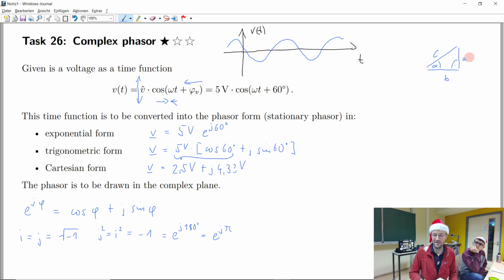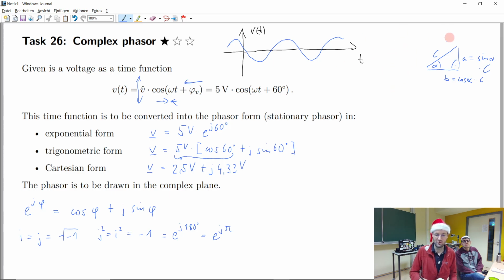So then A corresponds to the sine function, so this is sine alpha times C, and B is cosine alpha times C. One problem with this definition of the sine and cosine function in this right-angled triangle is that the right-angled triangle cannot have an alpha angle that is 90 degrees or larger.